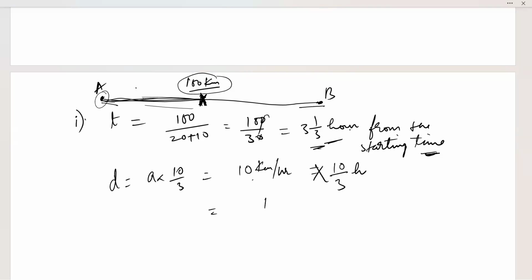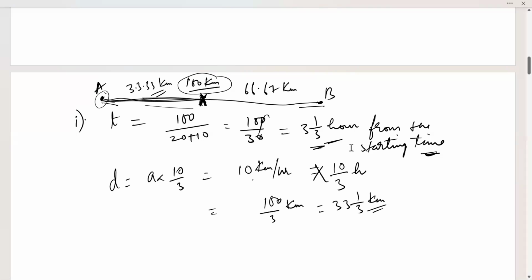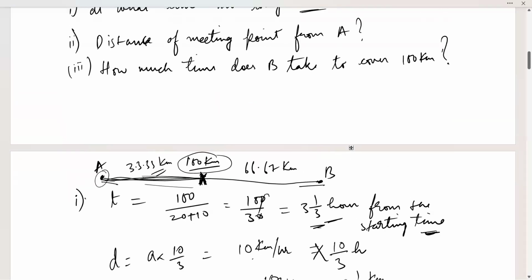So what we get is 100 by 3 kilometer, which is 33 1 by 3 kilometer. So this distance is that, and similarly, this distance would be 66.67 kilometers.